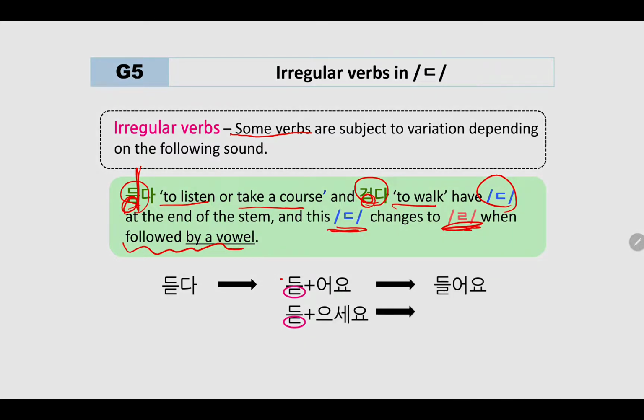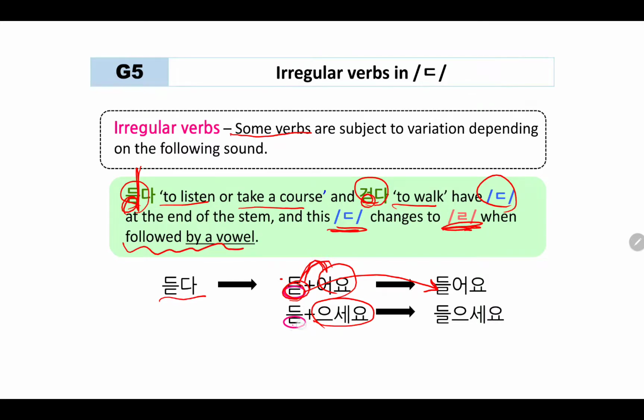Okay, so let's take a look here. So 듣다, when it is conjugated with these endings, 어요, 아요, polite ending, or 으세요, asking politely the other person to please do something, this 디귿 받침 just becomes 리을 when connected with these vowels.